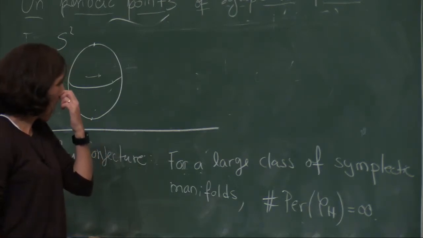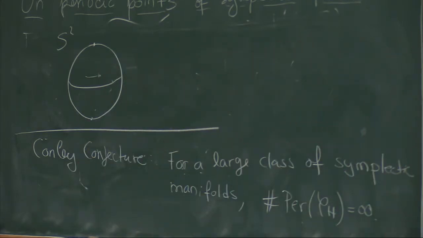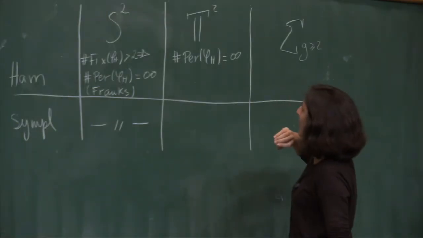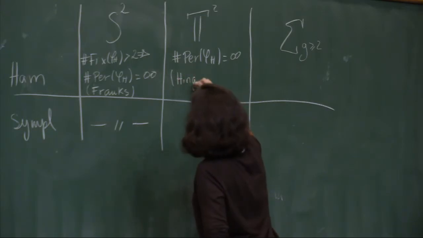I don't want to go into details of the class, I just want to point out that it was proved. T2 is in that class. So here I have infinitely many periodic points of a Hamiltonian diffeomorphism. This was proved for the torus by Hingston.